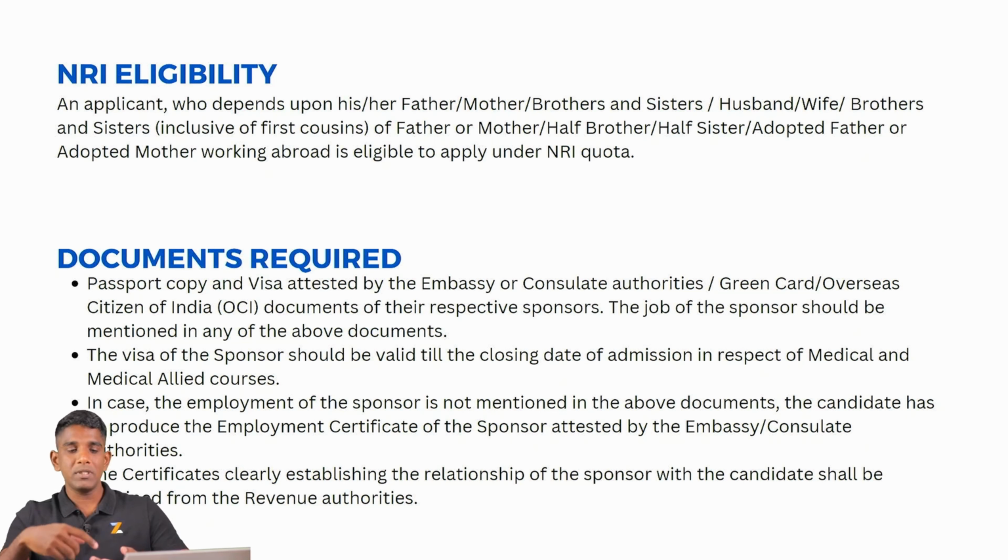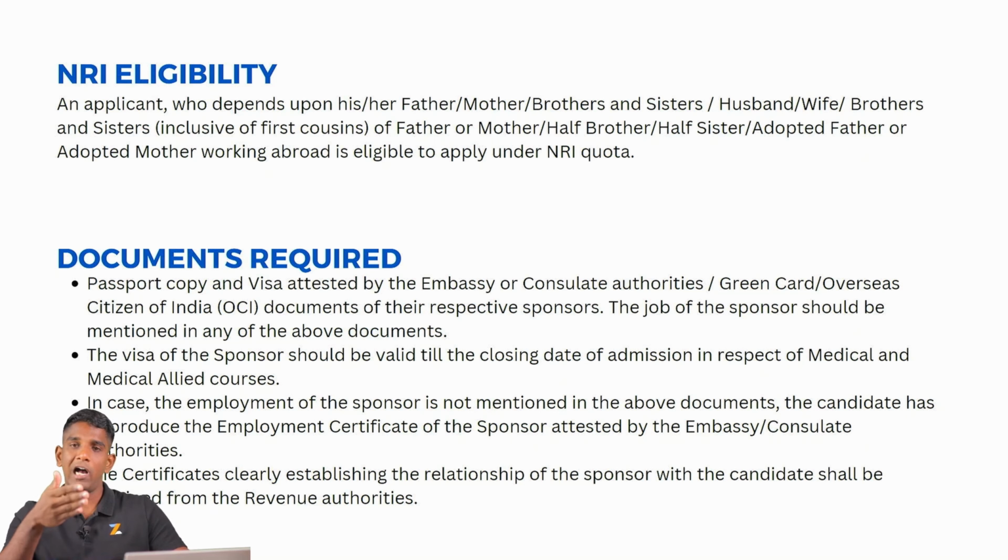The second type is husband or wife. If their spouse is working abroad, then the candidate is eligible. Also brothers and sisters of father or mother, so basically an uncle or aunt from the father's side or mother's side, will be eligible. It says inclusive of first cousins, so the son or daughter of your uncle or aunt can also provide support for NRI.